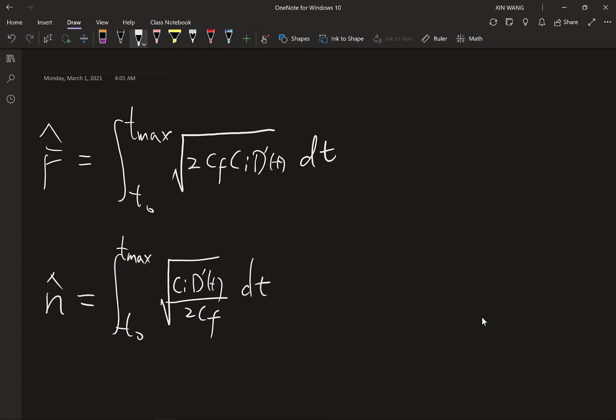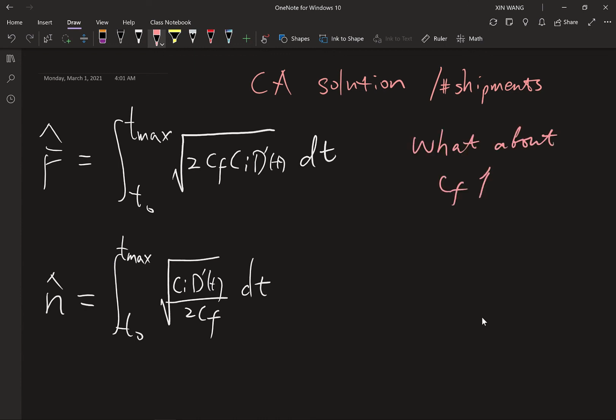After we obtain the analytical expression of our CA solution with the number of shipments, we can still apply sensitivity analysis to the problem. For example, what if CF increases? Same as the basic one-to-one system where the demand is constant, when the fixed cost increases, the total cost increases in the square root order.